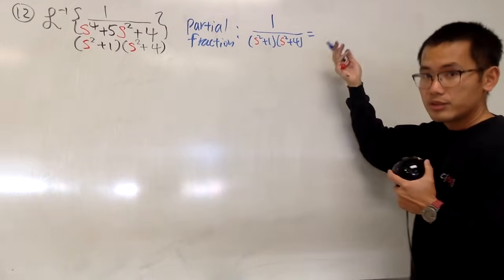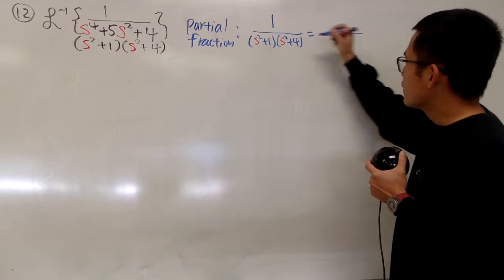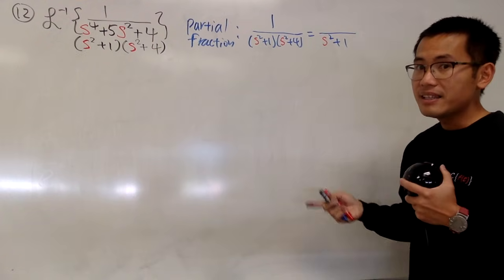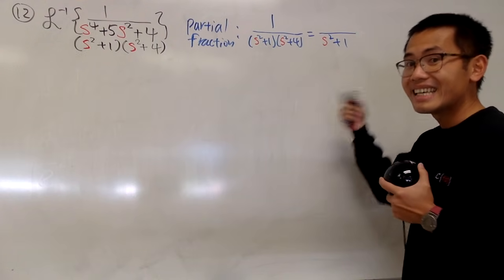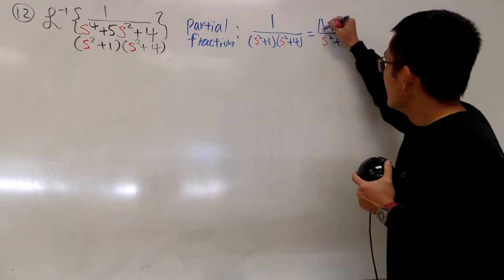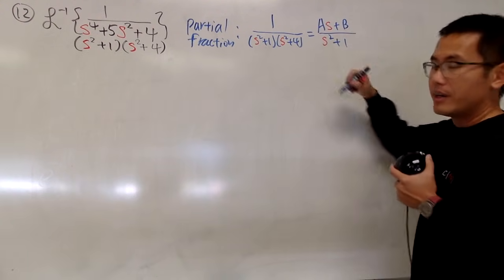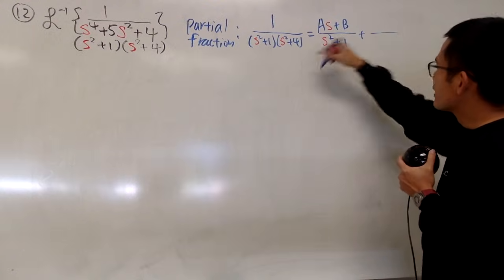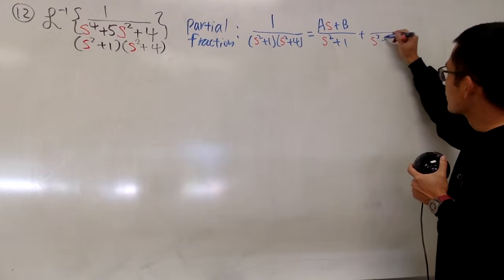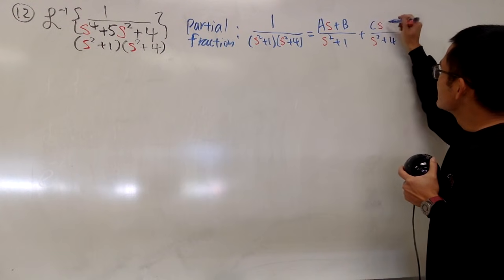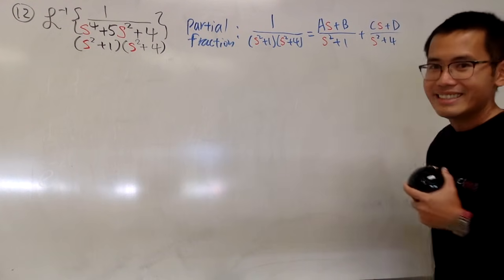And we have to break down into 2 parts. So the first one is going to be over s squared plus 1. But the thing is that this is an irreducible quadratic. On the top, we must have as plus b, namely a linear. Similarly, the second one is an irreducible quadratic, so on the top, we have to have cs plus d.